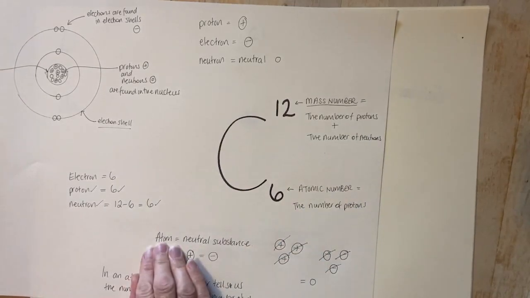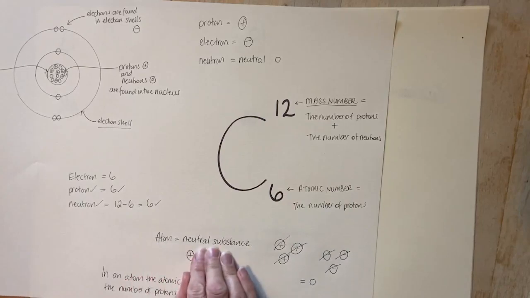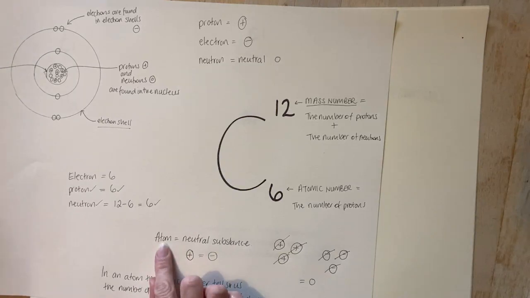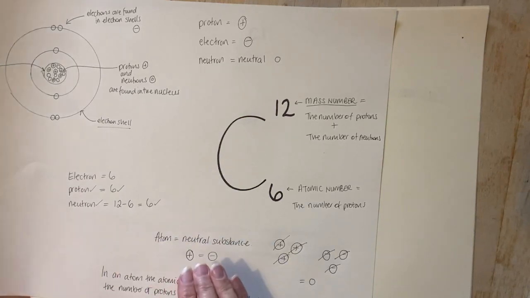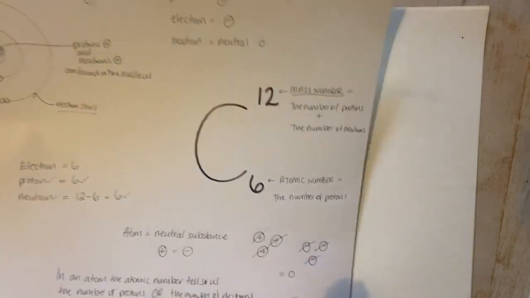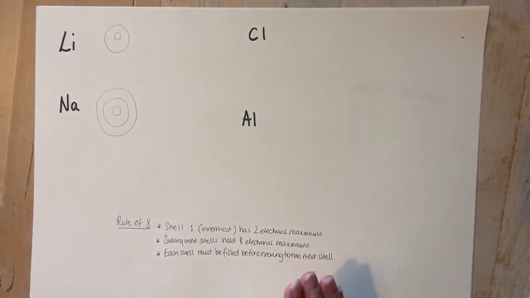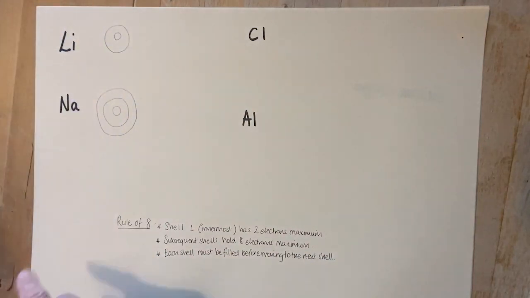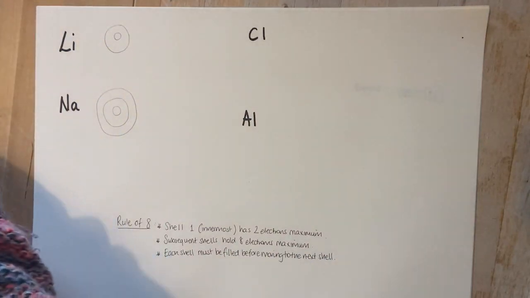We also know that an atom is a neutral substance, which means the number of protons equals the number of electrons. There's no overall charge on an atom. So all the elements in the periodic table as they stand are atoms, and we're going to use that fact to find the number of electrons using the atomic number.